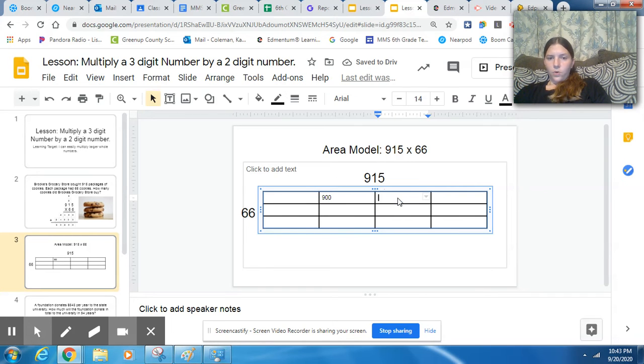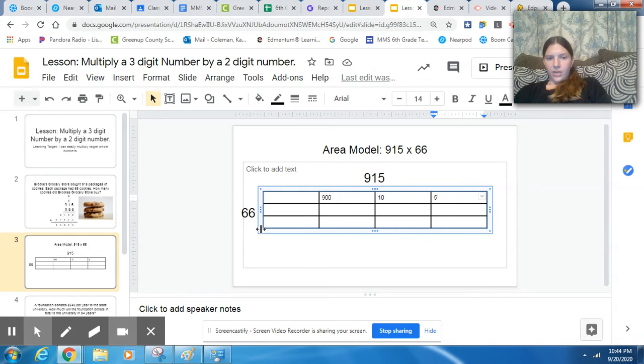The 1 is in the tens place. 1 ten is simply 10. The 5 is in the ones place. 5 ones is 5. 900 plus 10 plus 5 is 915. So I broke up 915 into easier to multiply numbers.